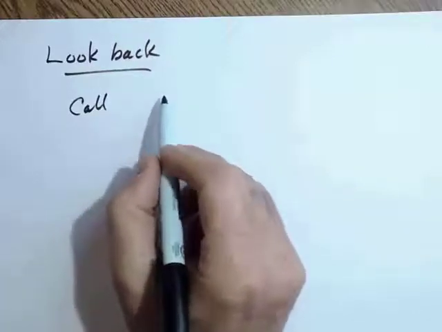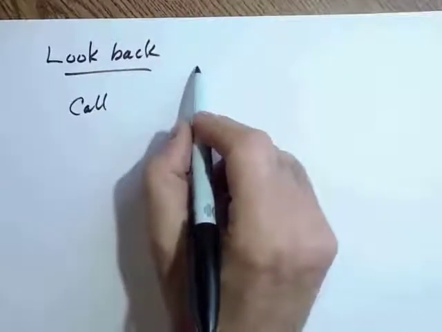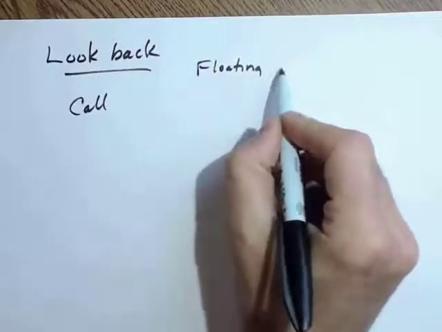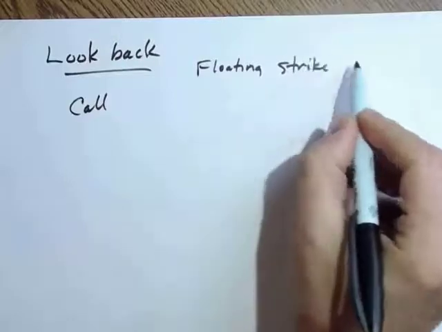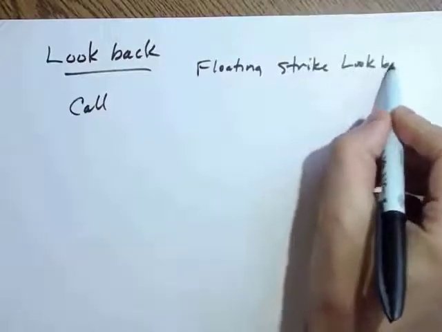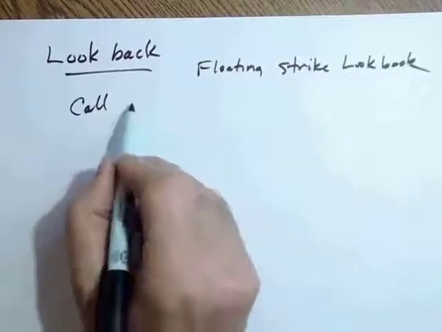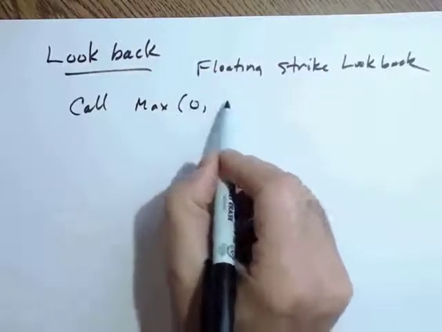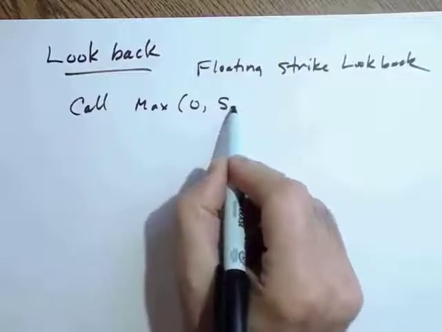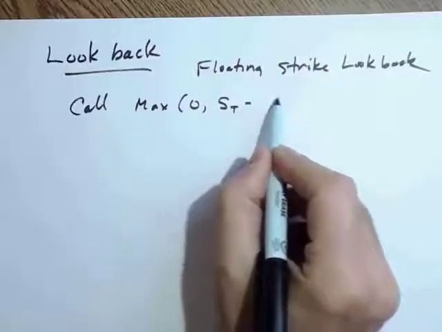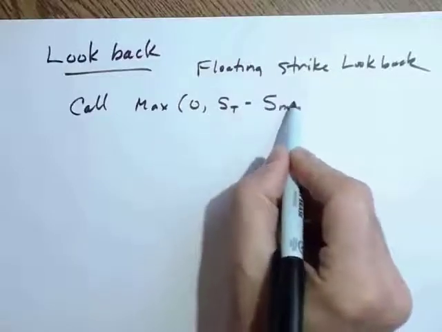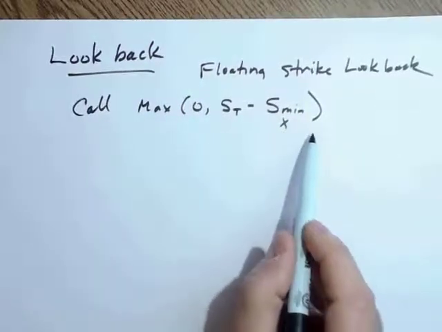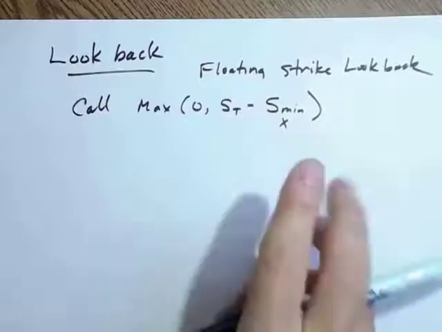payoffs to these. By the way, this is going to be a floating strike lookback. For a call it will look like the maximum of 0 versus the stock price at expiration minus the stock price at a minimum. Normally with a call, you'd pay the strike, which is fixed.